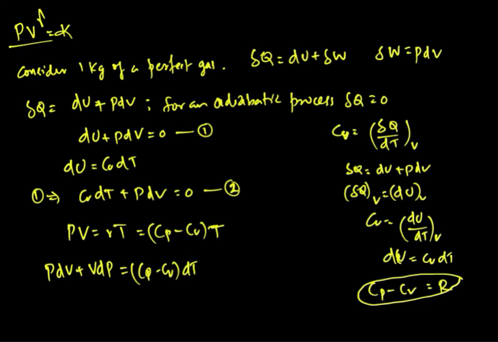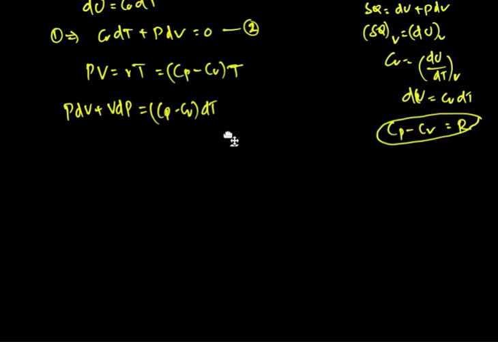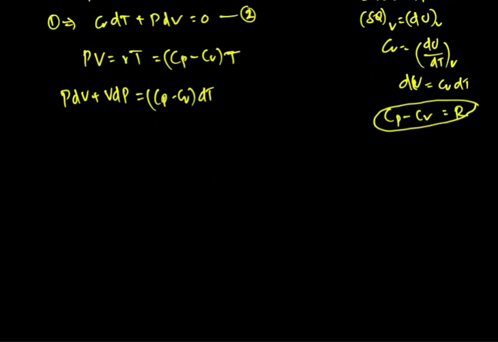From this equation we are going to write an equation for dT, and we need equation number 2. So dT from this equation is given by P dV plus V dP divided by Cp minus Cv. Let it be equation number 3. Now substitute equation number 3 in equation number 2.